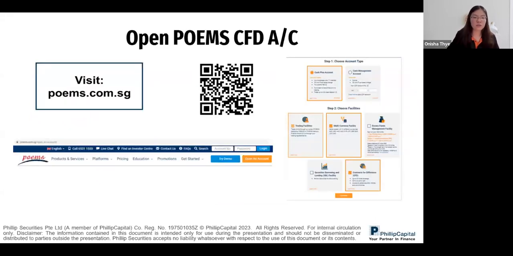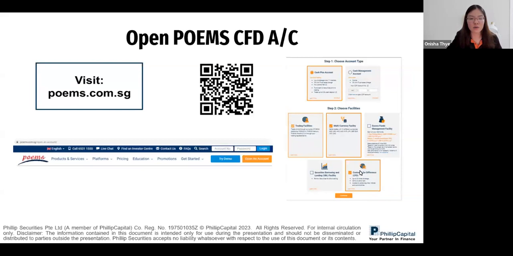For those who want to open the POEMS CFD account, you can visit our website, poems.com.sg, or scan this QR code. After you scan this QR code, you will need to select all the relevant facilities that you need, trading platforms, and most importantly, you need to select CFD.